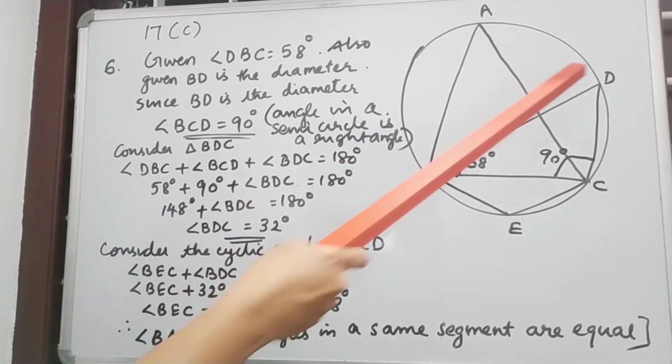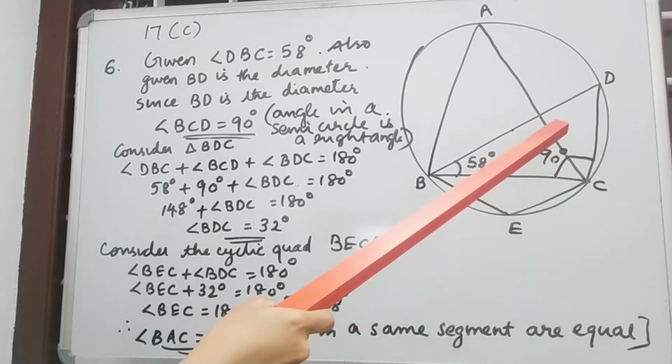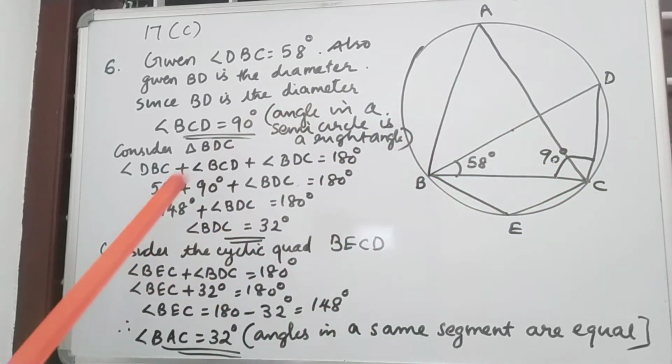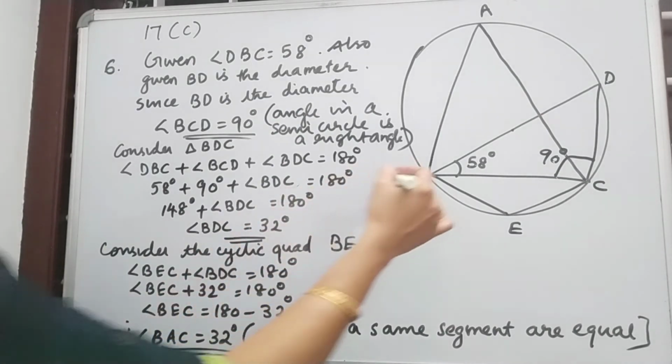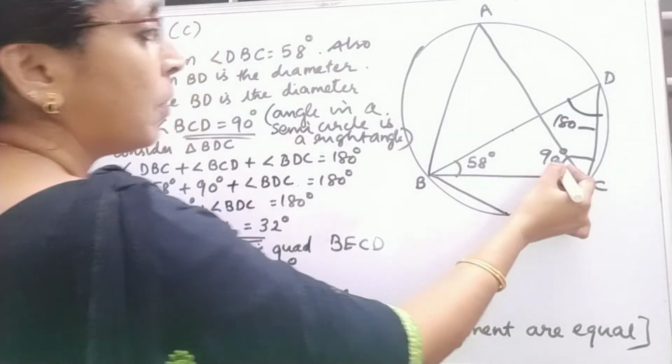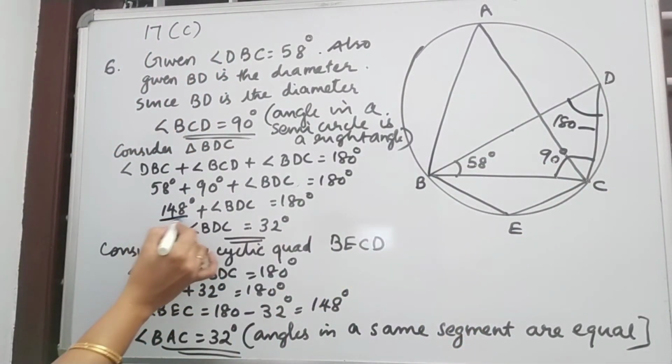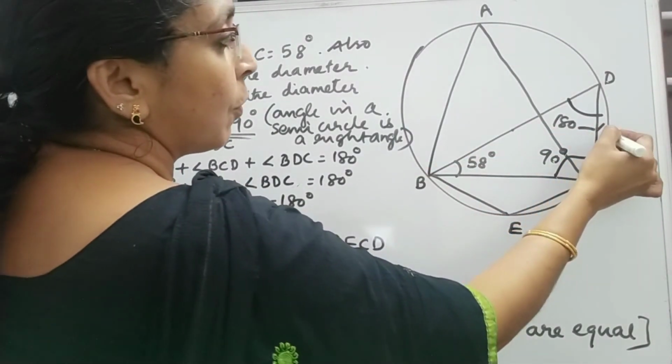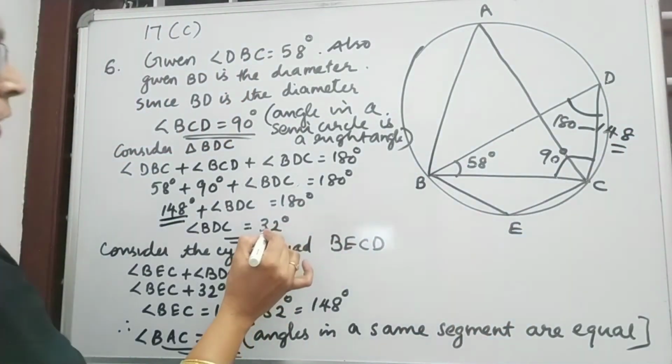So BDC will be 180 minus 148, which is equal to 32.